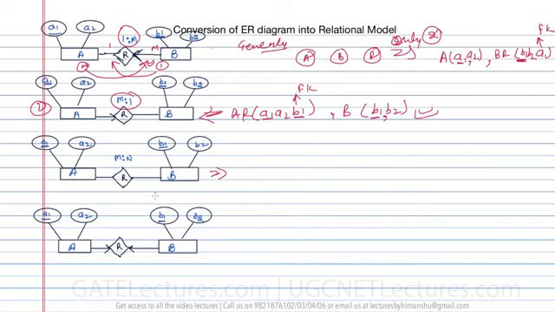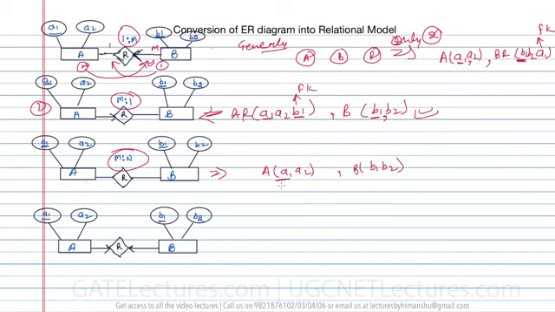If you check out the third diagram, you can see we have two entities, A and B, and this is a many-to-many relationship. The maximum cardinality of A is many, and the maximum cardinality of B is also many. For A, we can create a table with A1 and A2, and for B, we can create a table with B1 and B2.